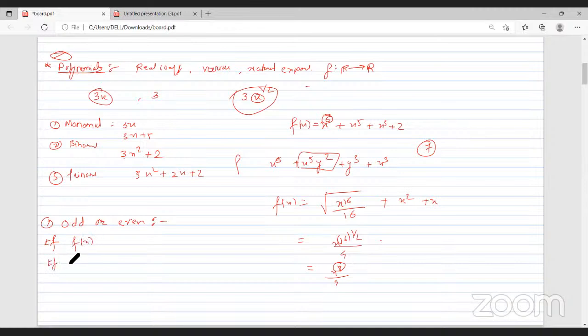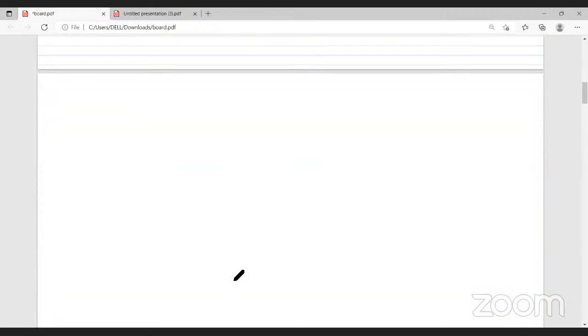If we replace x by minus x, we get x square, the same. So this is an even function.